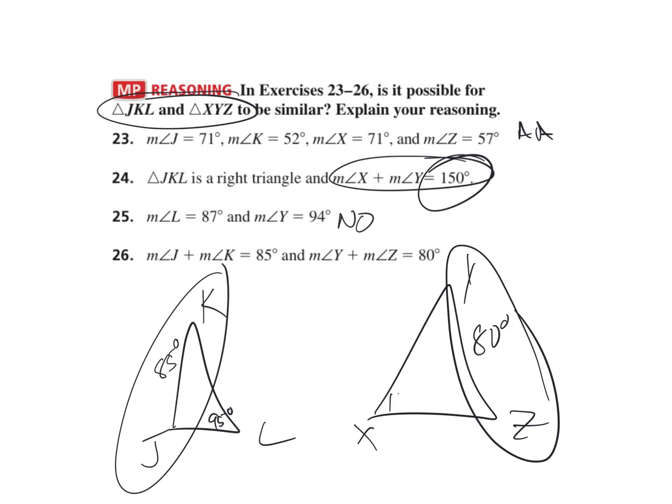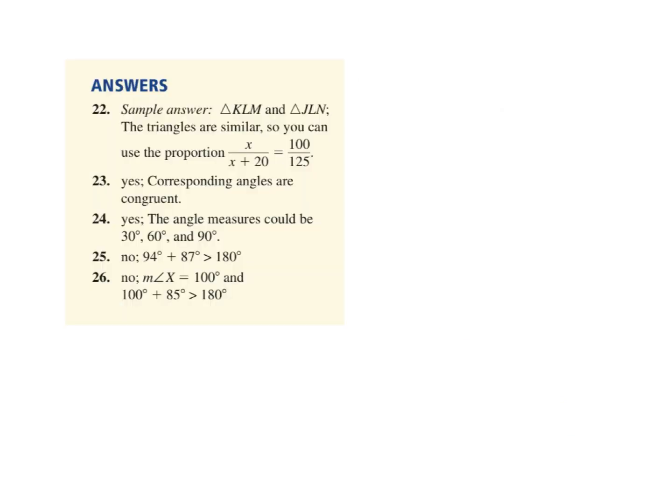That means angle X is 100 degrees. So no, these can't be similar at this point. So you'd say no for that. Not possible. And there are your answers. They do it a little bit differently, but that's how you do it. And that's it. Good job.